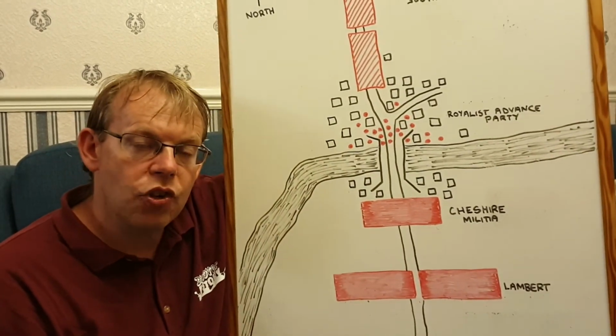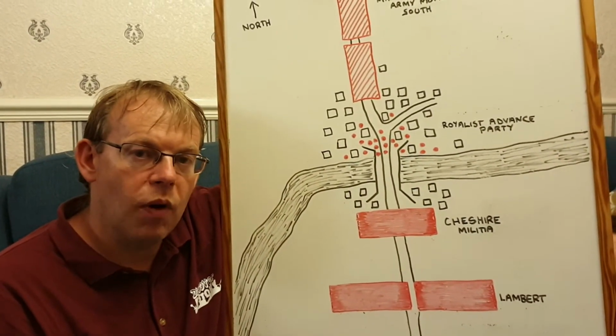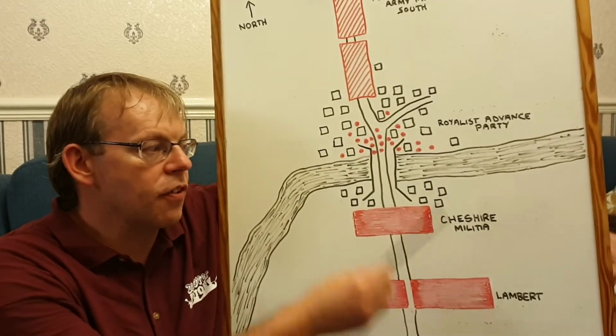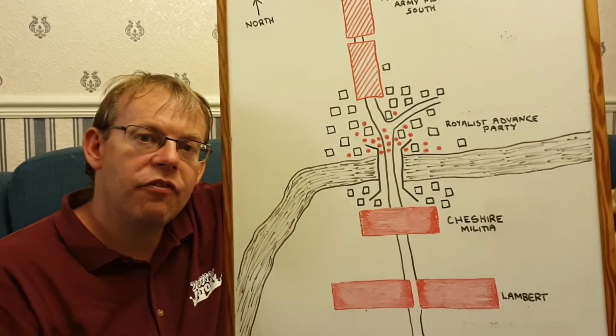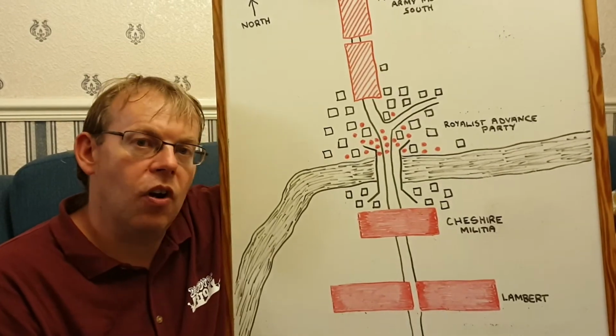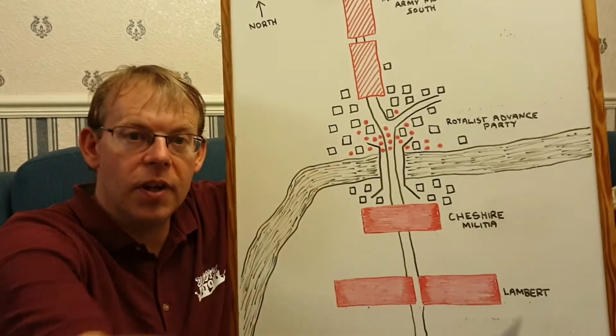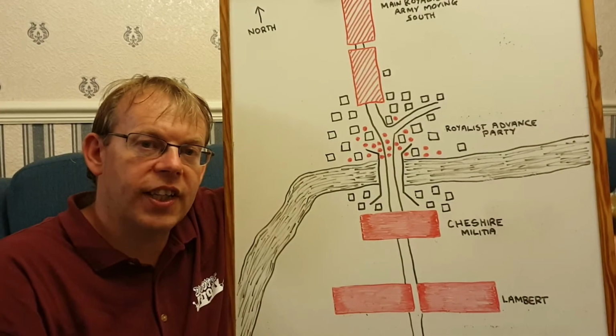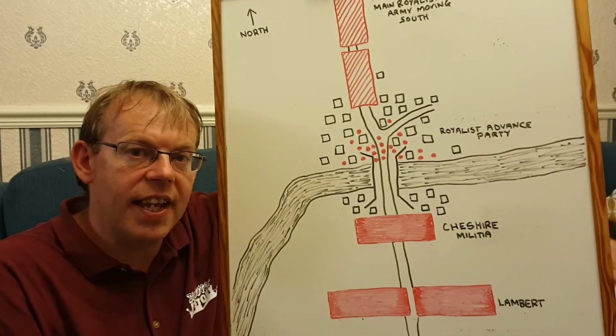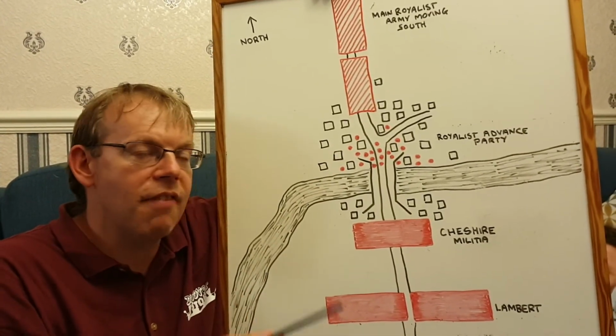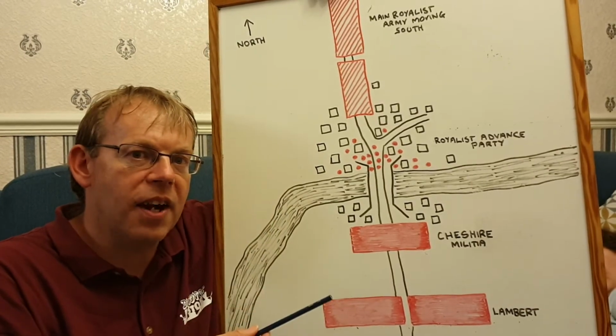News does reach Oliver Cromwell, and Oliver Cromwell is a little angry because of what's going on here. What you have to remember is Cromwell's New Model Army, or shall we say the Parliament Army generally, are still only, in this area anyway, around 10 or 11,000 strong.